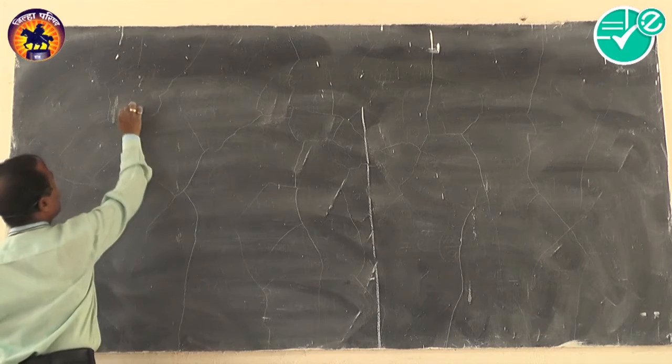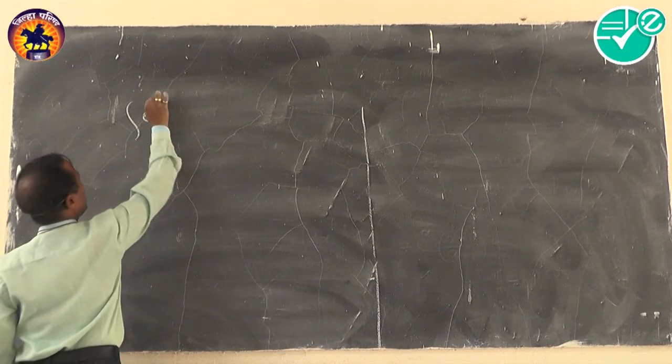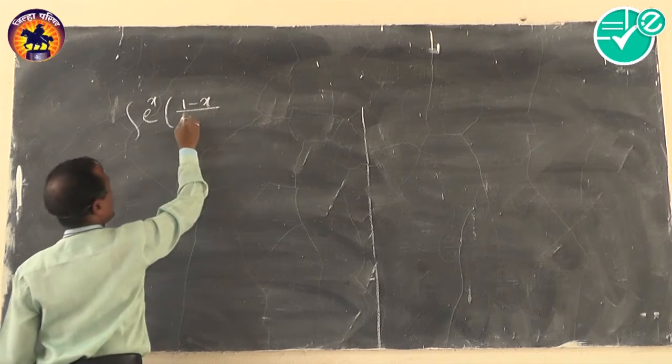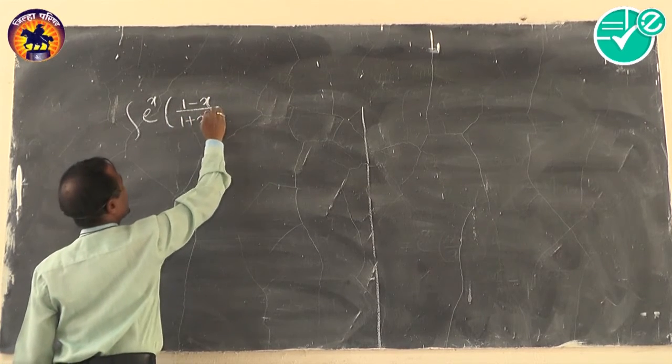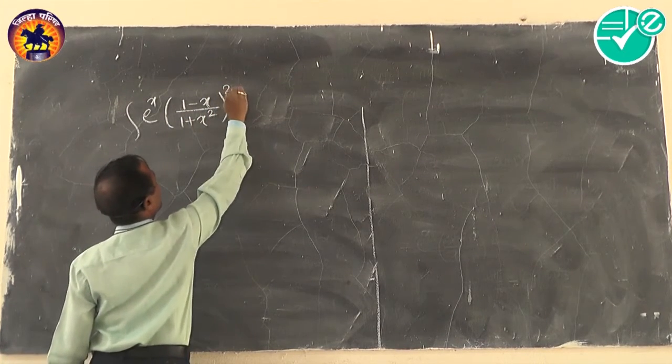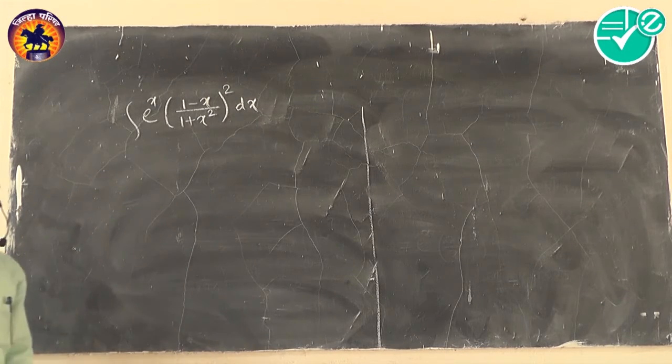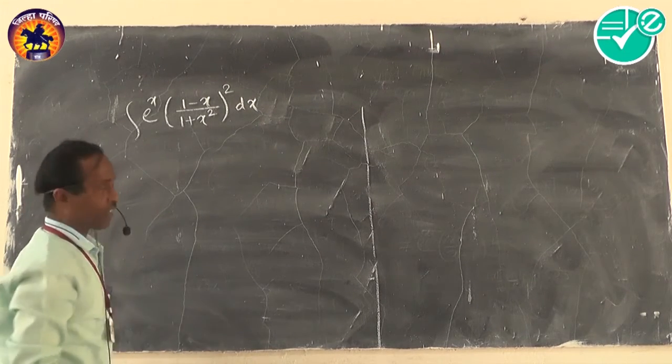Integral of e to the power x into (1 minus x) upon (1 plus x square) bracket square dx. I want to find the integration of this function.